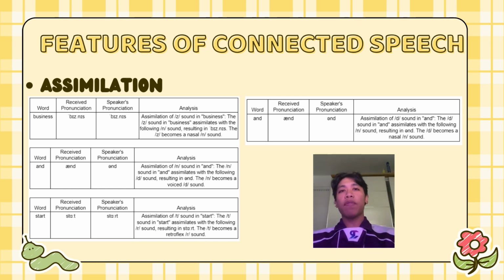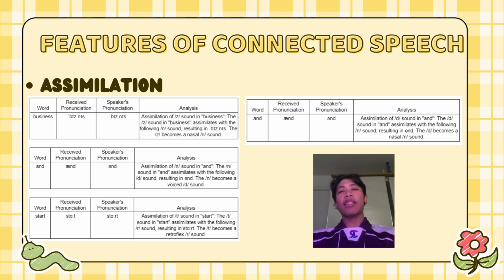For progressive assimilation, a sound is influenced by a following sound. For example, in the word handbag, the N sound at the end of hand is influenced by the B sound, making it sound more like handbag instead of handbag. So it becomes handbag.